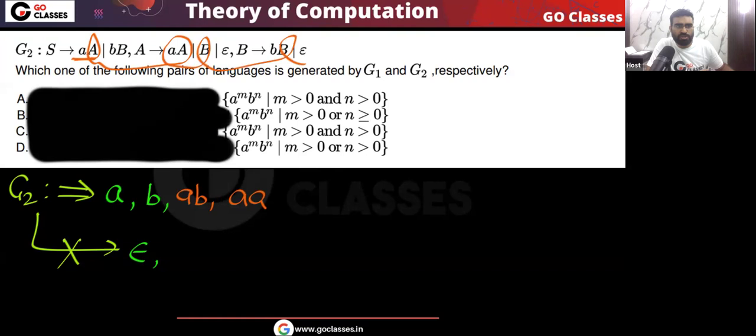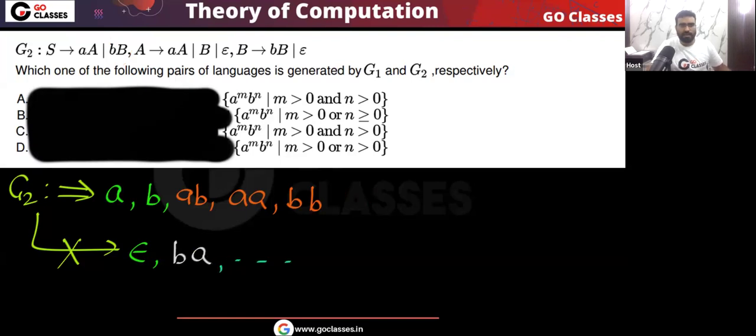Now this B can go to epsilon. Yes, double a also I can generate. What about double b? Tell me, can I generate double b? Yes, I can generate double b also. And what about ba? From here I can go to BB, and then from B, I can never generate ba. Yes or no? So this string ba I can never generate.